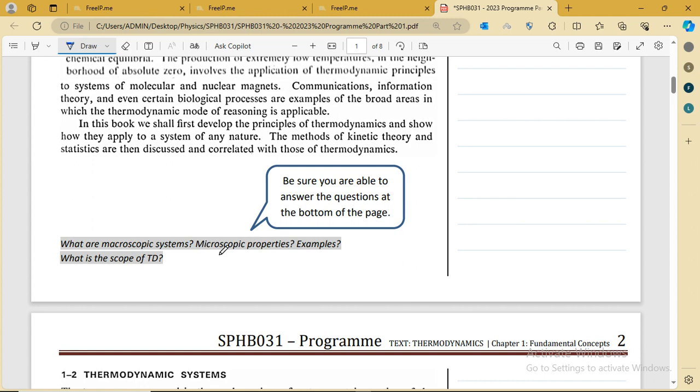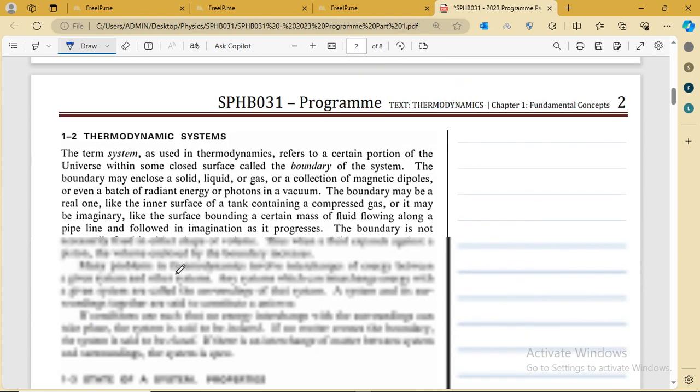You understand when we talk of macroscopic and microscopic. Also you must know the scope of thermodynamics.